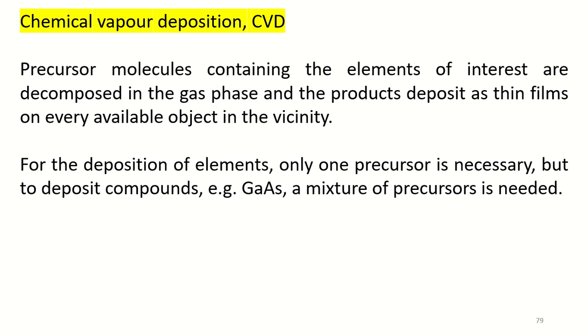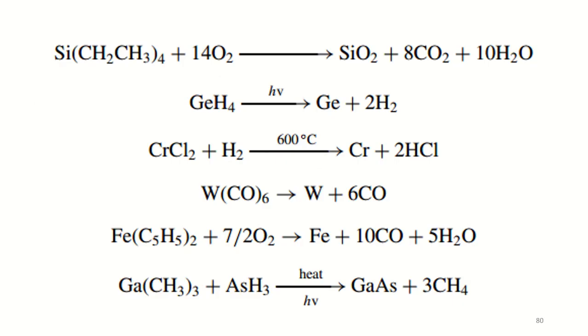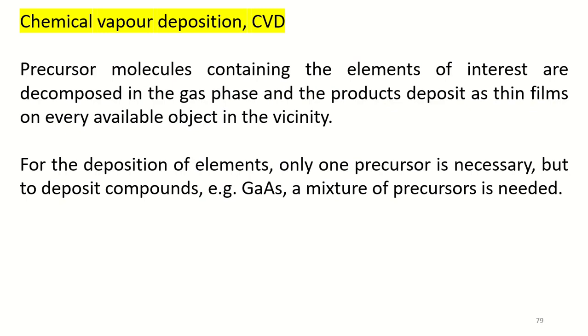Early work focused on simple precursor molecules such as volatile, even unstable hydrides, which include silicon hydride SiH4, and metal alkyls, which may include aluminium alkyls, Al(CH3)3.